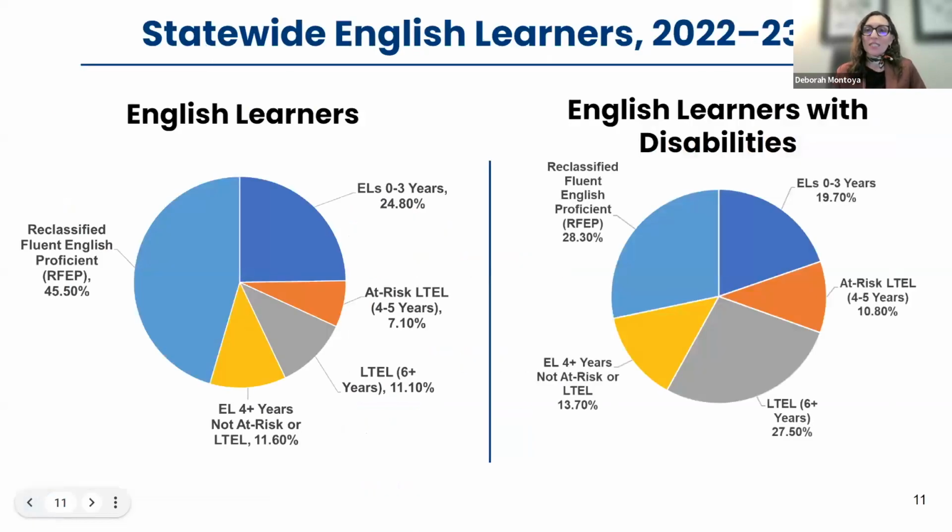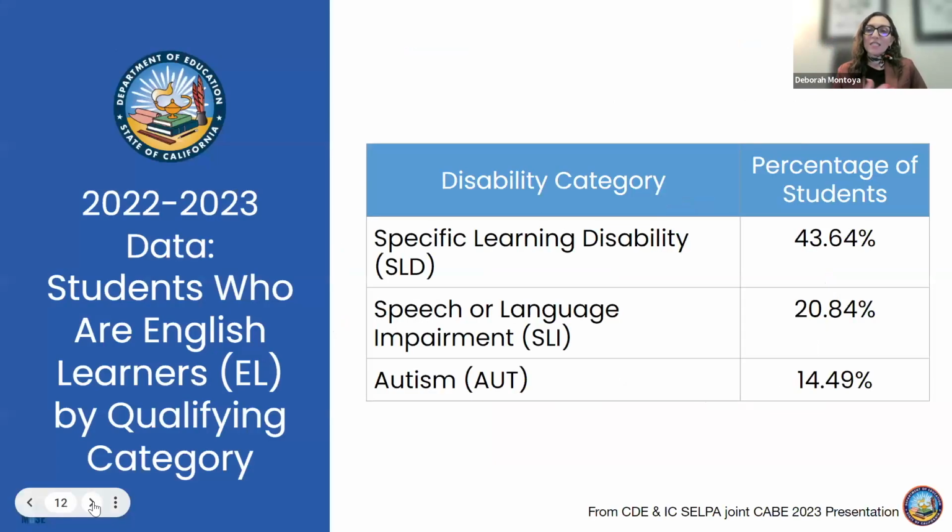We look at a comparison here of English learner data and English learners with disabilities, our dually identified students. Acknowledging also that we want to support our students' English language acquisition skills so that they have an opportunity to be reclassified as fluent English proficient students. What does that process and progress look like? You may also already start thinking about what are your ELPI scores, your English language proficiency indicator scores in special education.